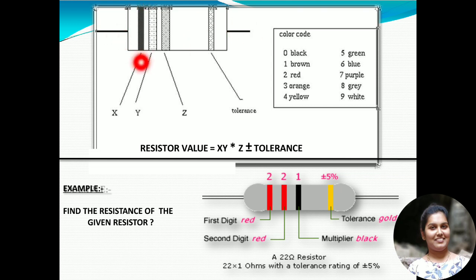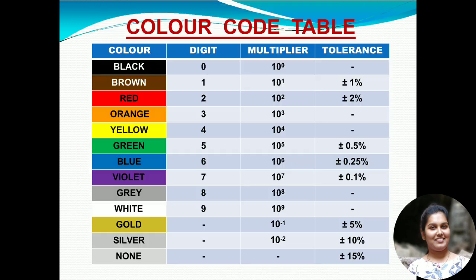Start from that terminal. The first two bands indicate the first two digits of the resistor value, the third indicates the multiplier, and the fourth gives us the tolerance. The colors we have are black, brown, red, orange, yellow, green, blue, violet, grey, white, gold, silver, and no color also.